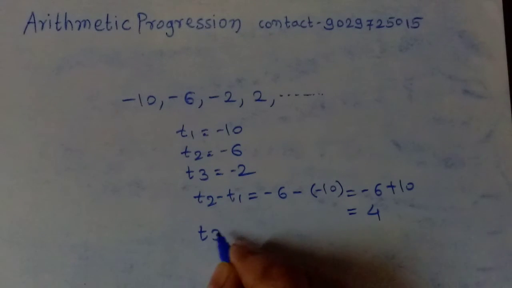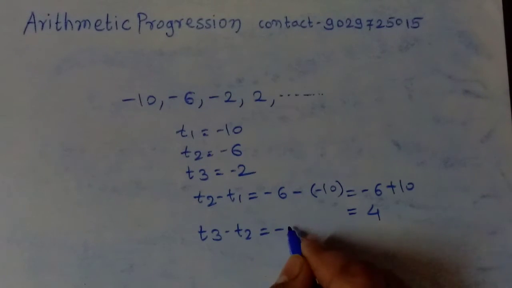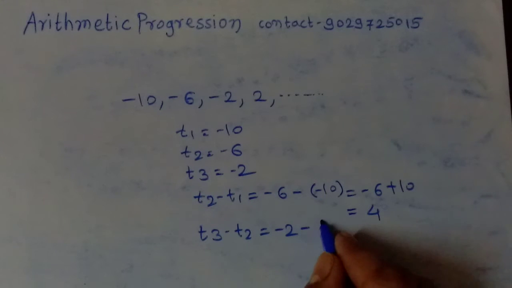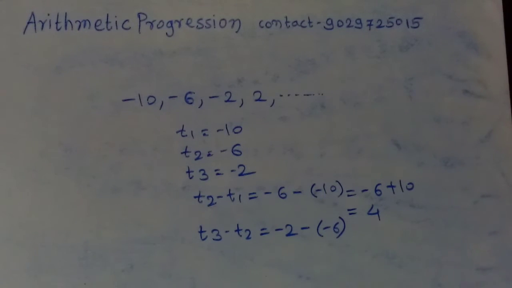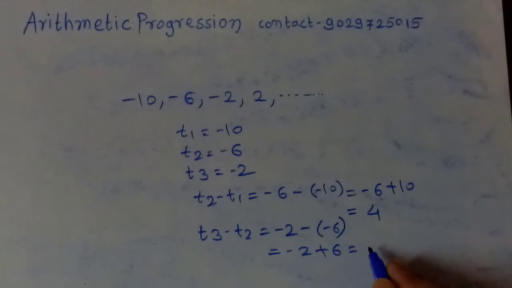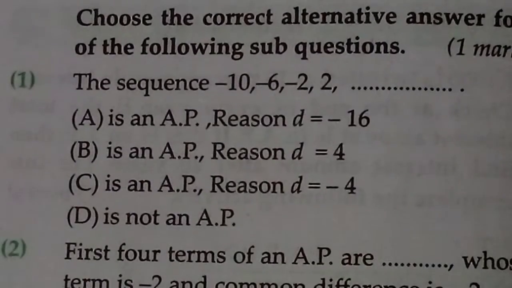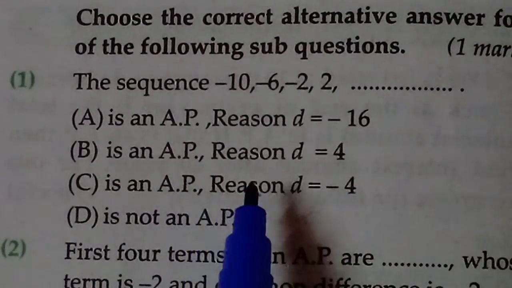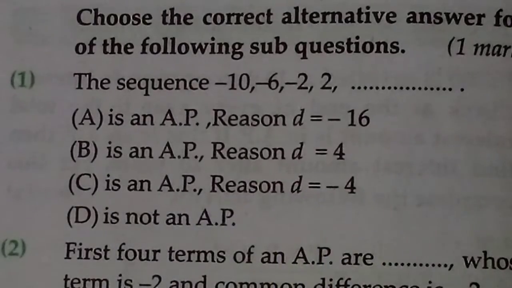Similarly, T3 minus T2: T3 is -2, minus T2 is -6. Now -2 plus 6 is 4. Therefore, common difference is 4, and therefore your answer is: is an AP, d = 4.